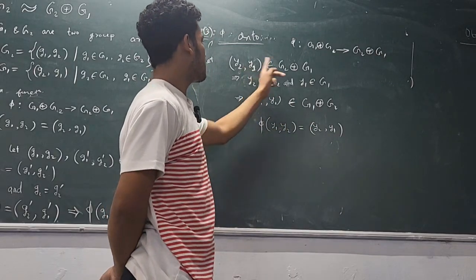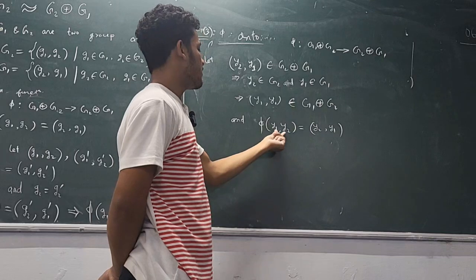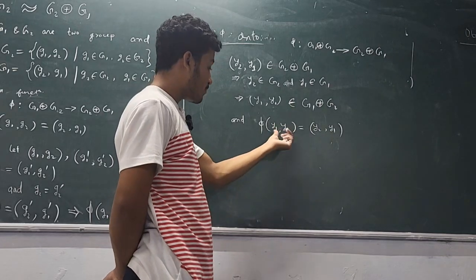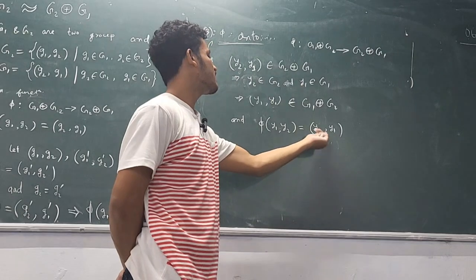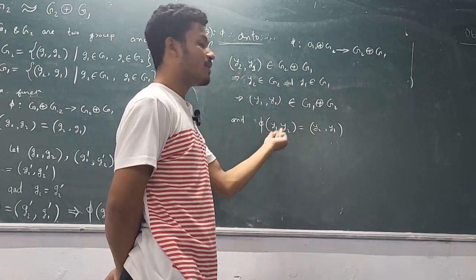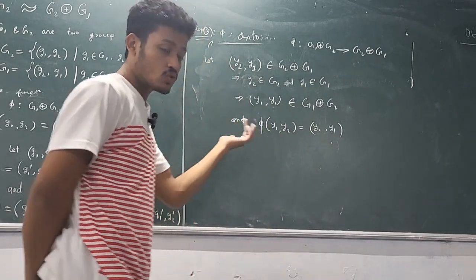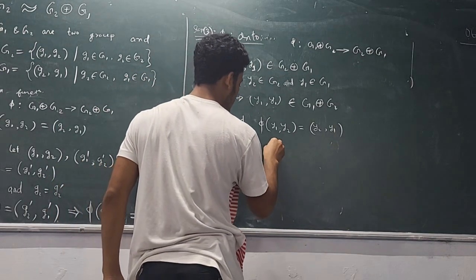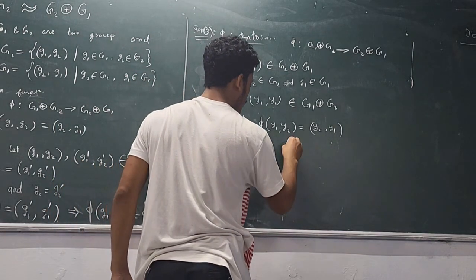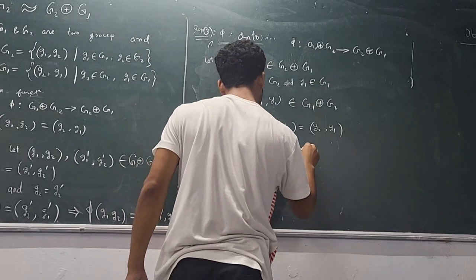If you take an element in the codomain, there is a pre-image. The pre-image of this element is this. So every element has a pre-image. So phi is onto, right? Hence phi is onto.